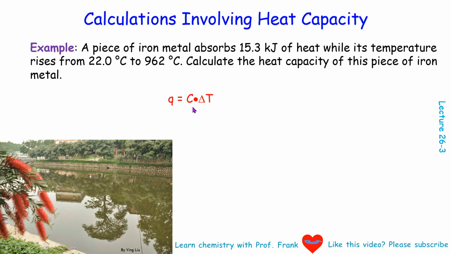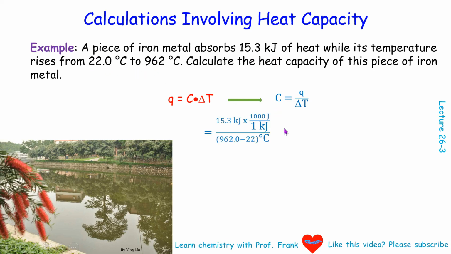Heat equals heat capacity multiplied by the temperature change. And now, from this key equation, we should be able to write down the heat capacity equation that can be calculated by using heat. Do we know heat? Yes, it's right here. Do we know temperature change? Not directly, but the temperature change can be calculated.